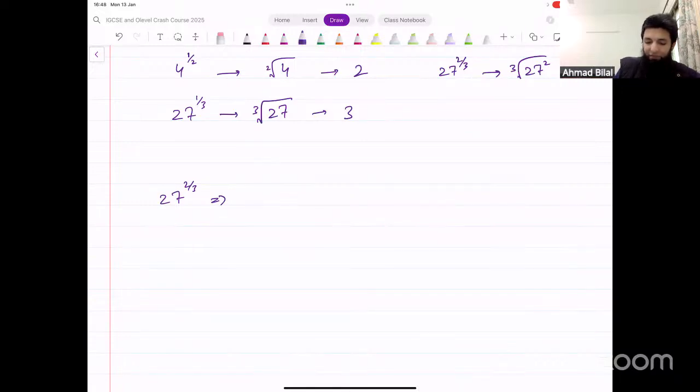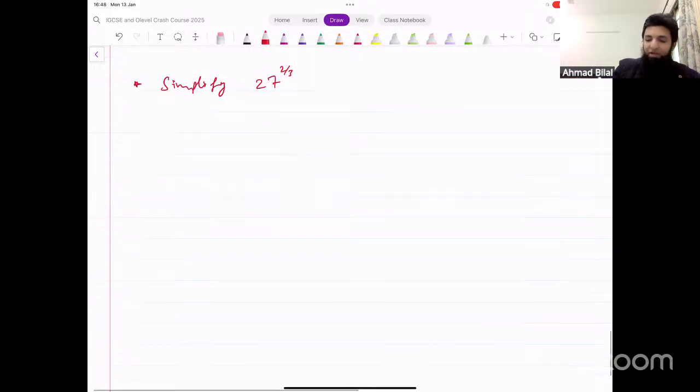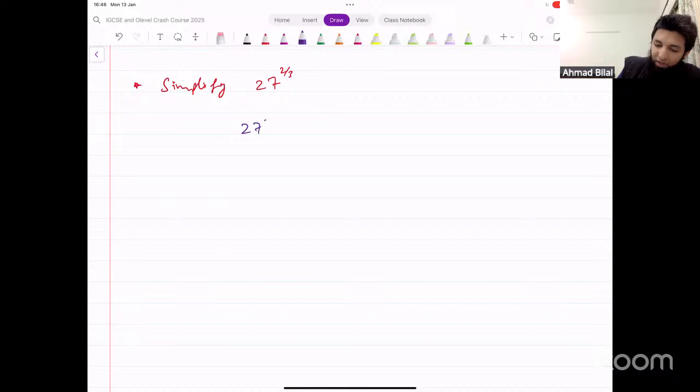First of all, if we have to simplify this, let me write it down first, that we want to simplify 27 raised to the power 2 over 3. Now, if we directly write it that way, it becomes fairly complicated, right? Because we have to evaluate 27 square for that. How do you make it simpler? You can break the power down like this.